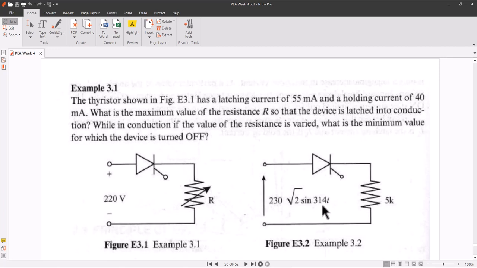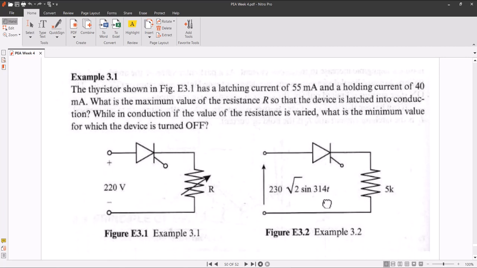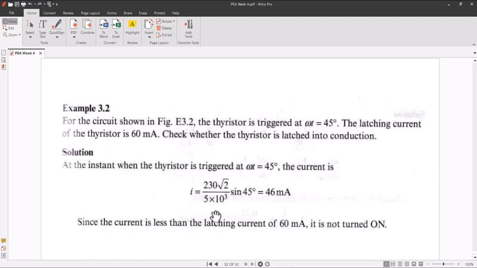ये जो फार्मूला है ये आपकी सप्लाई को शो करता है. 230√2 × sin 314t डिवाइडेड बाय 5k, ठीक है. अब sin 314t किसके बराबर है, ये है आपका 45 डिग्री. तो sin 45, तो यहाँ पे ये चीज़ देखें, इसने पुट किया 230 × sin 45 / 5k, ये आ रहा है 46 मिली, लेकिन चाहिए कितना आपको 60 मिली, तो आपका थायरिस्टर ऑन नहीं होगा. 45 डिग्री पे आपका थायरिस्टर ऑन नहीं होगा.